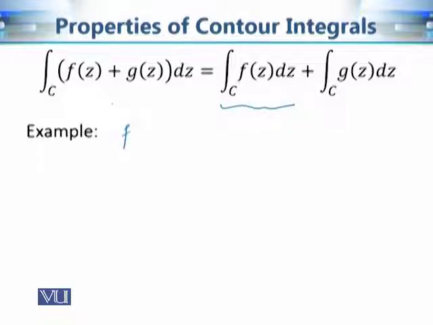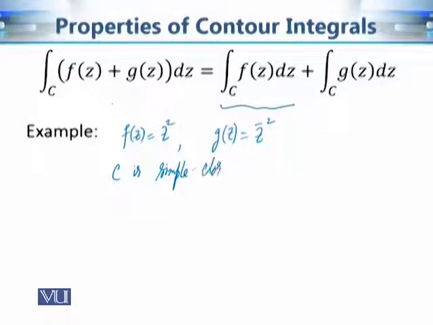For example, if f(z) is z², which is a polynomial, and let's take g(z) to be z conjugate squared, and we take C to be a simple closed contour in the plane. So the domain is the entire complex plane, not any other subset of it, and C is a simple closed contour in that plane.